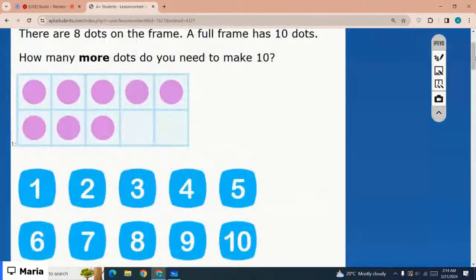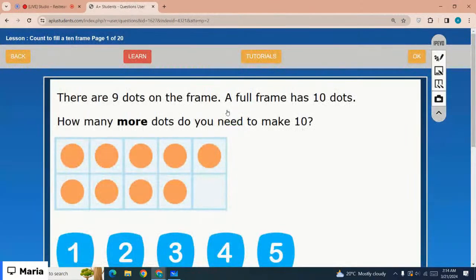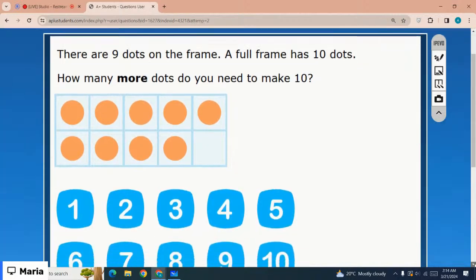Right? Let's just start with the test questions. There are 9 dots on the frame. A full frame has 10 dots. How many more dots do you need to make 10? So you are given 9 of the dots, right? You have to see how many more dots you need to make them 10. So that means you need to count the empty space. So you have only one empty square. That means you need one more block to make it 10. Got it?